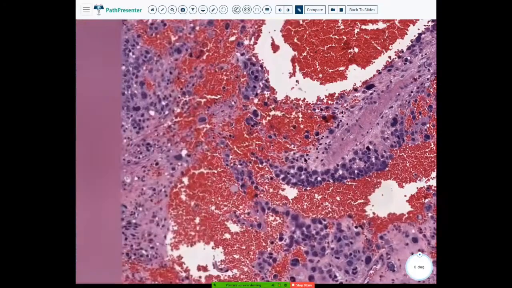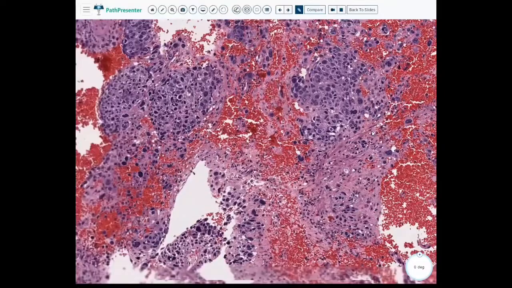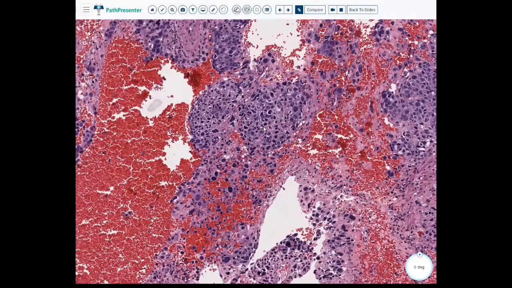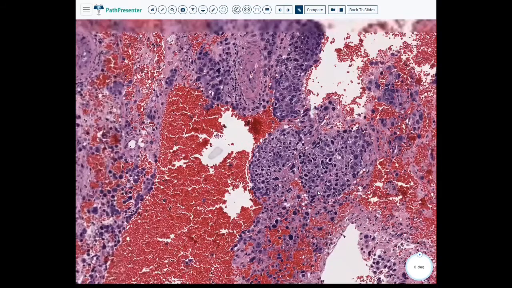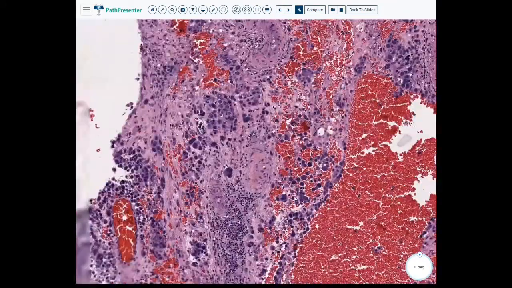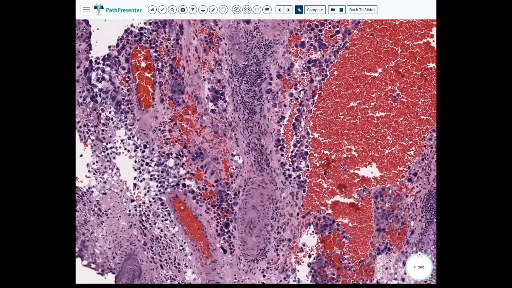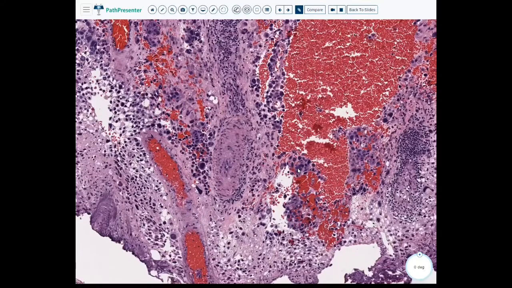Everything looks a little more rhabdoid. So this is an invasive urothelial carcinoma, high grade with sarcomatoid features. Remember, sarcomatoid portends a poorer prognosis than conventional, so it's something you want to keep in mind. And this is a really nice example because you normally don't see this much sarcomatoid type change.